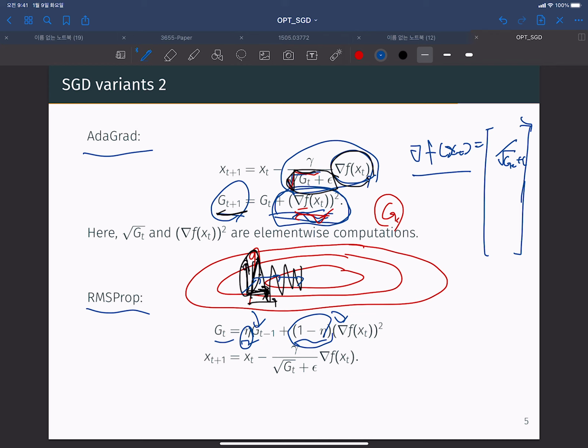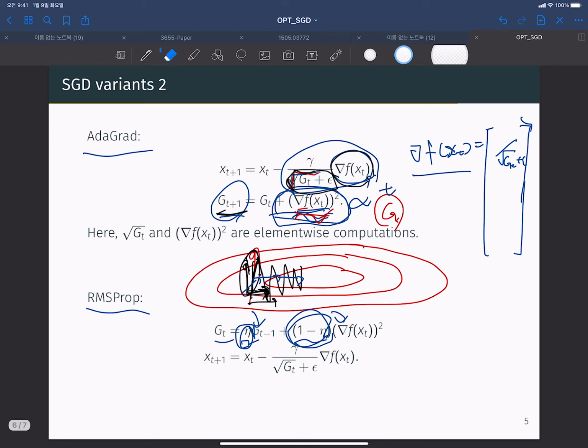Right. But the key difference between RMSProp and AdaGrad is this. In RMSProp, we take a moving average. But in AdaGrad, we do not average the squared gradient vector. We just add up. Then the scale of the g_t value is roughly proportional to the number of iterations t.